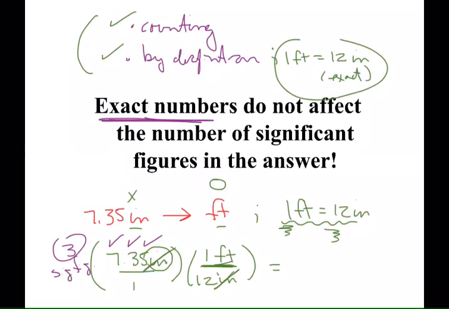I know I took a little bit of time showing you this, but since this term is exact, there is no uncertainty introduced, so we don't have to count significant figures in it. We would round according to 3 significant figures. I know that was probably more than you wanted to know, but that's what I mean by an exact number. It doesn't introduce any uncertainty, so you don't have to round according to it.